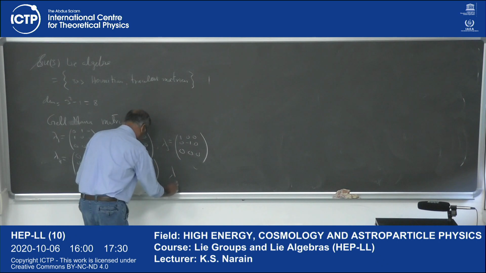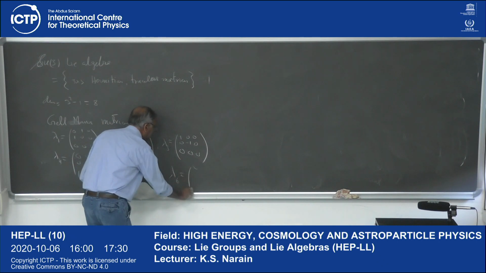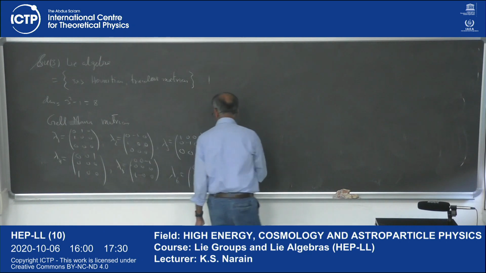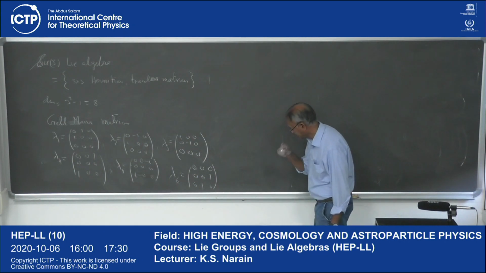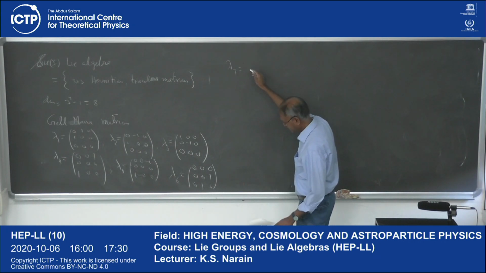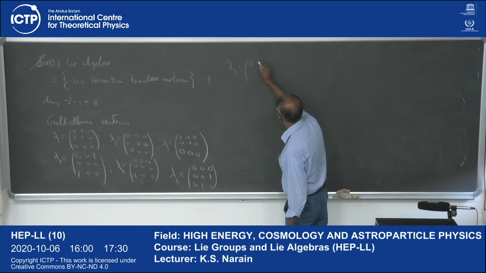Okay, lambda 6 is 0, 0, 0, 1. This is just a basis of these Hermitian traceless matrices. Lambda 6 is here, and let's write down lambda 7, which is 0, 0, 0.